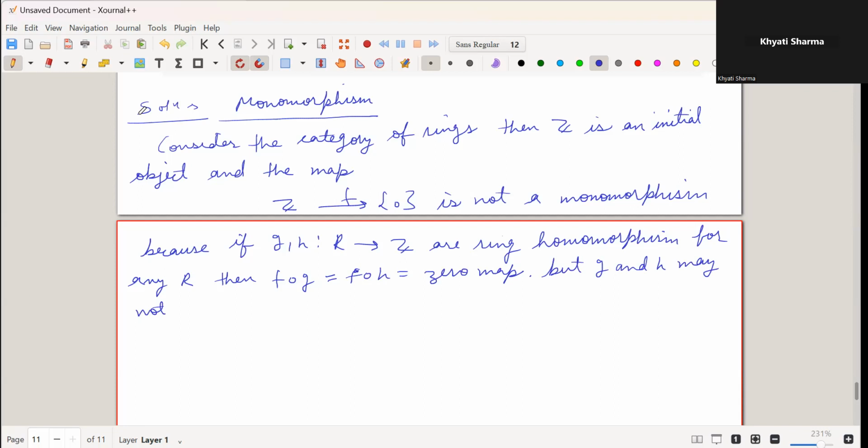So you can define any g, h such that they are not equal, but still f of g will be the same as f of h. Thus f is not a monomorphism, right?